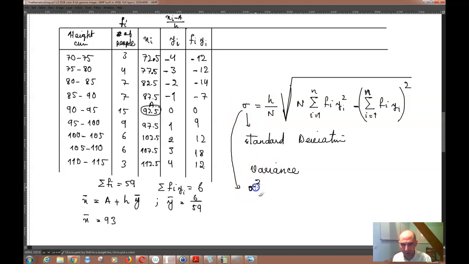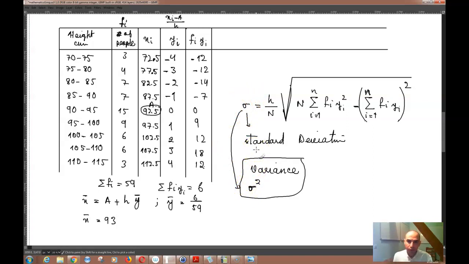Sigma squared is going to be your variance. So you can basically start with this formula and then square it to calculate variance as well, because technically it's the same thing, only sigma raised to the second power.